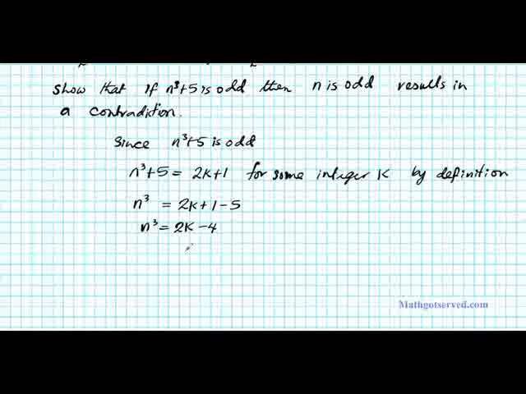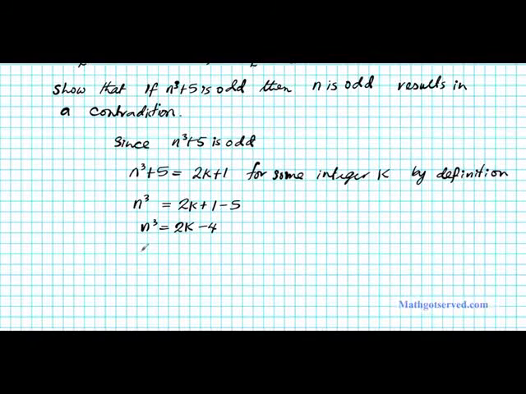Let's see what we can do on the right side. Notice we can factor out 2, giving 2 times k minus 2.